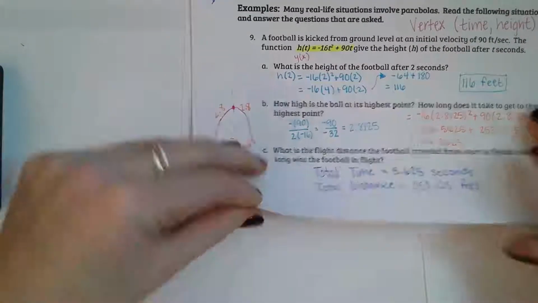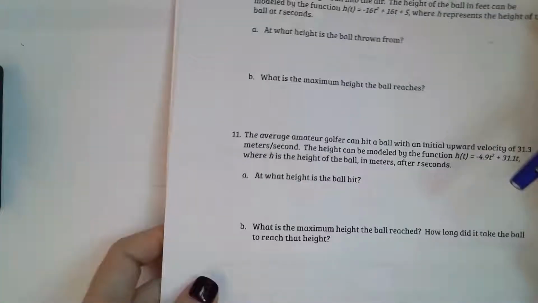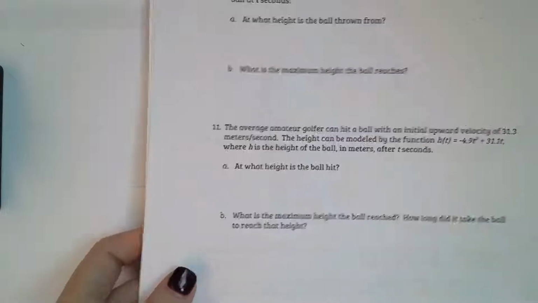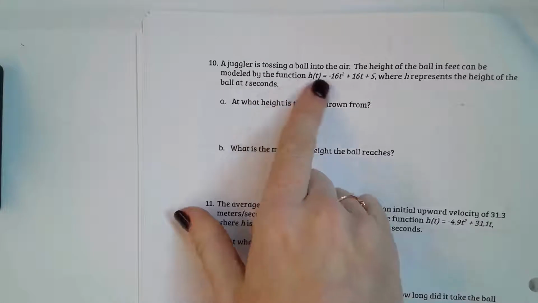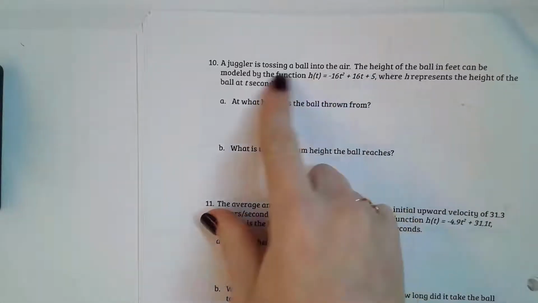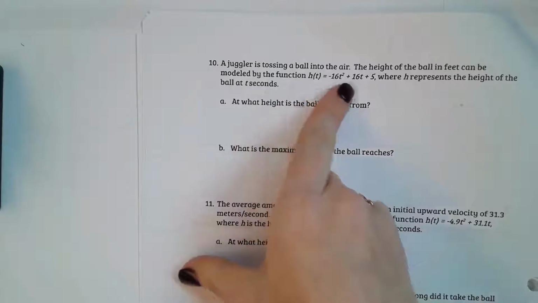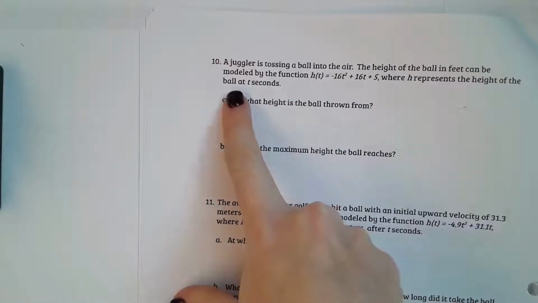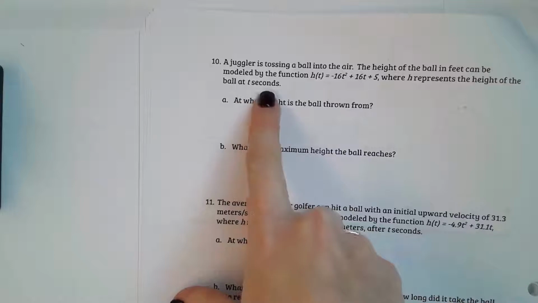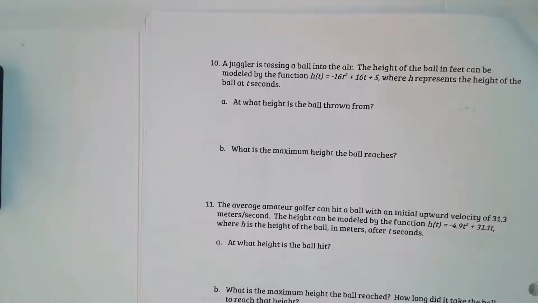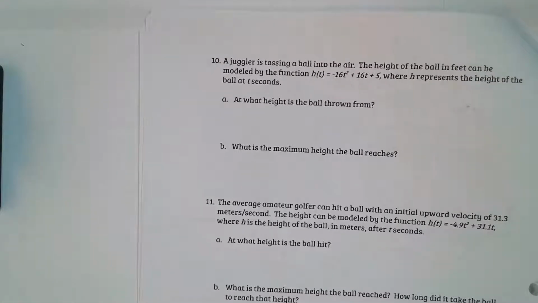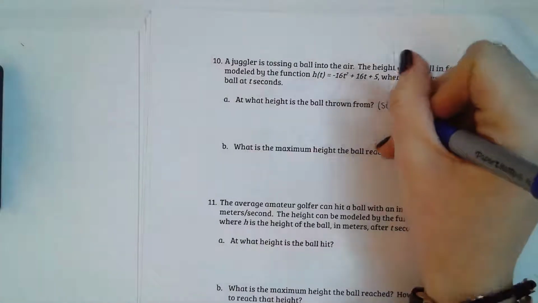So I flip the page. A juggler is tossing a ball into the air. The height of the ball in feet can be modeled by the function here, where h represents the height of the ball at t seconds, or time. At what height is the ball thrown from? So where did it start? This is talking about the start point.